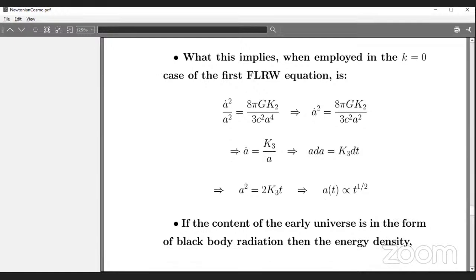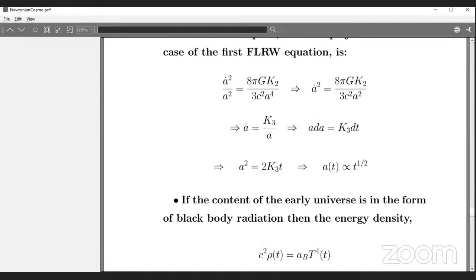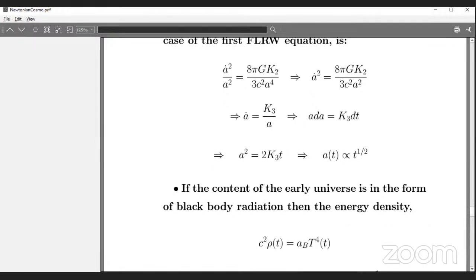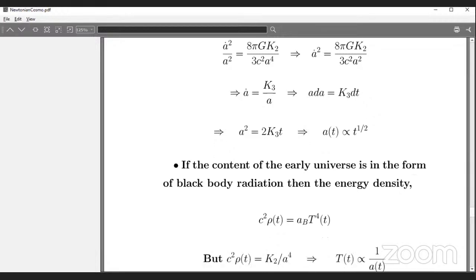Now from here we can conclude a very important result. And what is that? If our early universe was very hot, as I said, in the past the universe was dominated by radiation-like matter. And if the content of the matter was in the form of black body radiation, for black body radiation, we know from the Stefan Boltzmann law, the energy density is the radiation constant AB times the 4th power of the temperature.